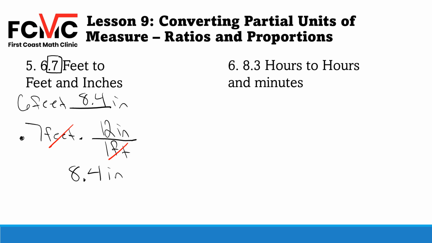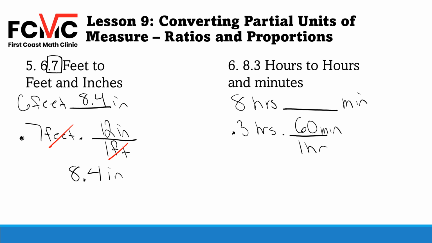And for number 6, say we've got 8.3 hours to hours and minutes. So we've got 8 hours. How many minutes do we have? Let's take that 0.3 hours and multiply by 60 minutes over 1 hour.